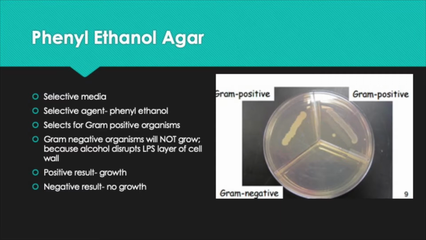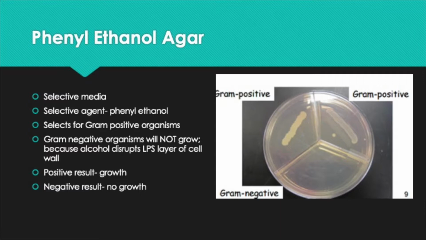PEA is going to select for gram-positive organisms. That means that only gram-positive organisms are going to be able to grow on PEA agar. So if you think that your unknown, or whatever kind of bacteria you're dealing with, is a potential gram-positive organism, when you streak it on PEA, it should be able to grow. It selects against gram-negatives.